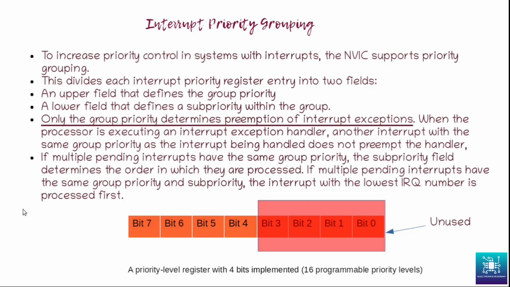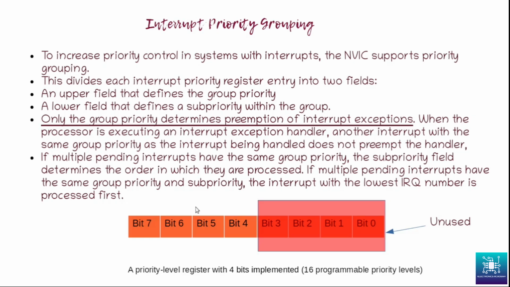To increase priority control, we have these 4 fields, and they are again divided into groups. The upper field defines the group priority, and the lower field the sub priority. For example, you could have the lower 2 bits as sub priority and the upper 2 bits as group priority. So you could configure it that way.